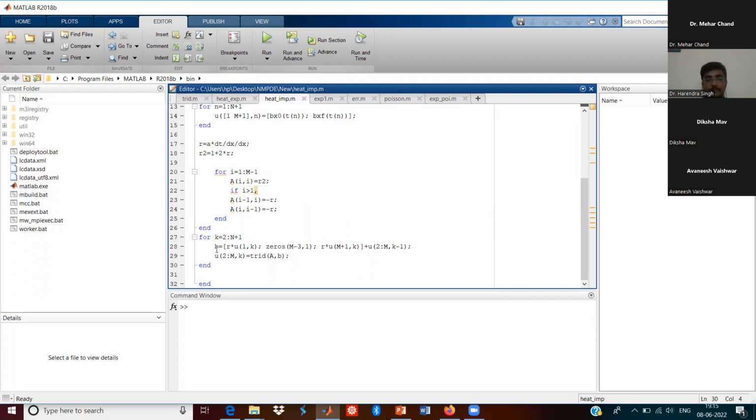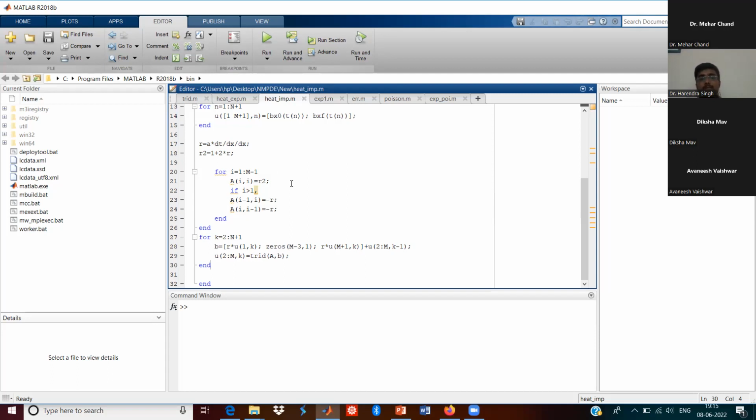And now we will get B, and I have already entries for the A. So I will call the function trid with A and B, and the tridiagonal system can be solved easily using the previous function. I have written programs for the forward difference scheme and backward difference scheme.